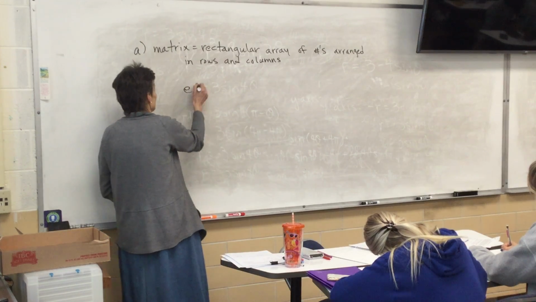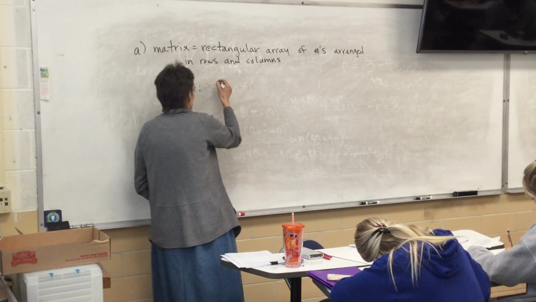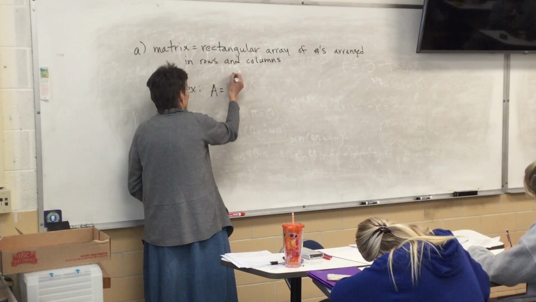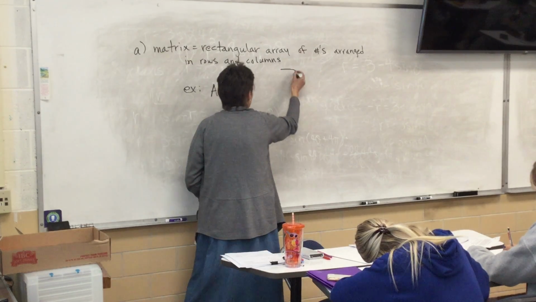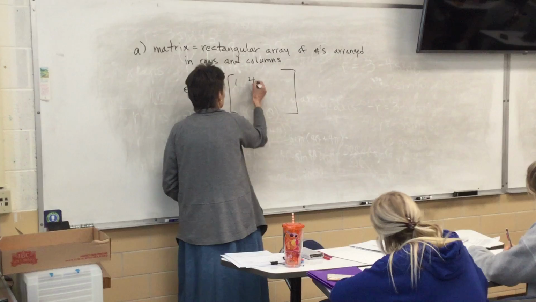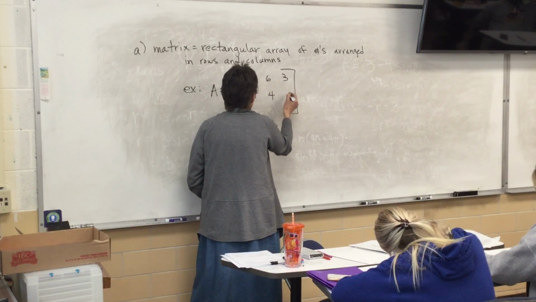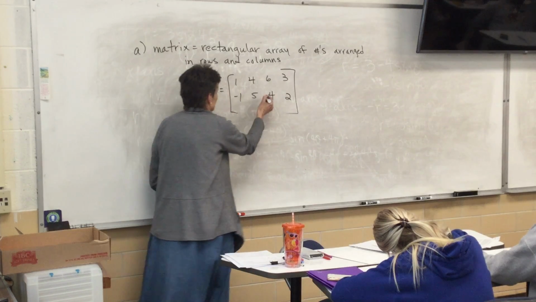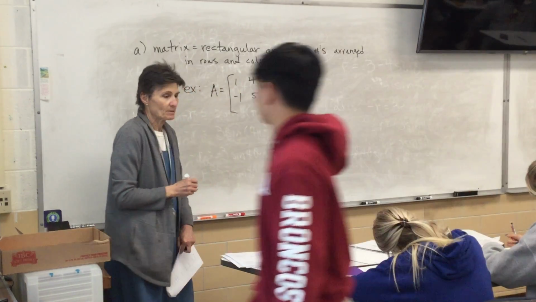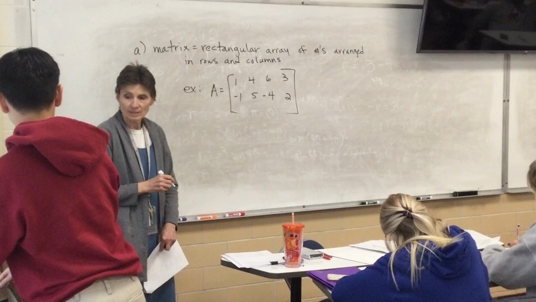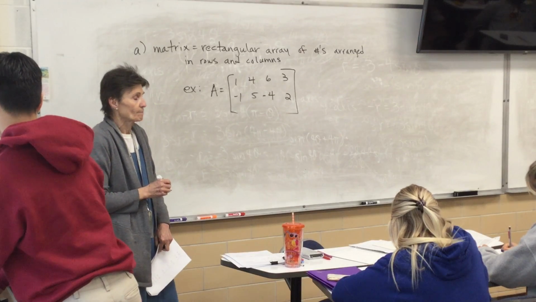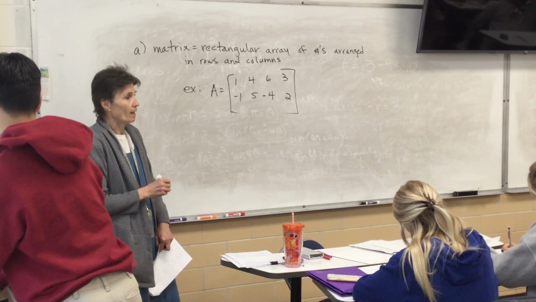All right, so I'm going to put an example here. There's a matrix. It's a rectangular array of numbers arranged in rows and columns.